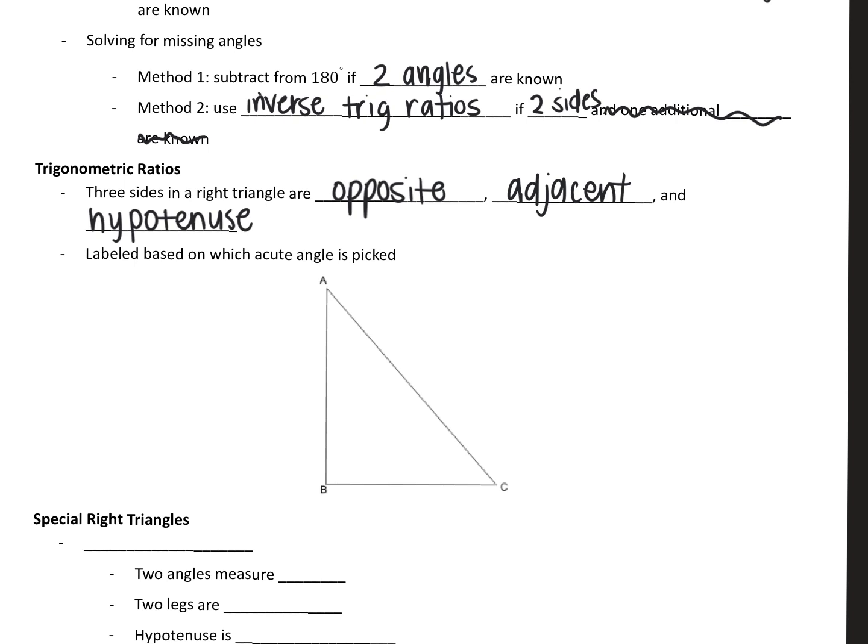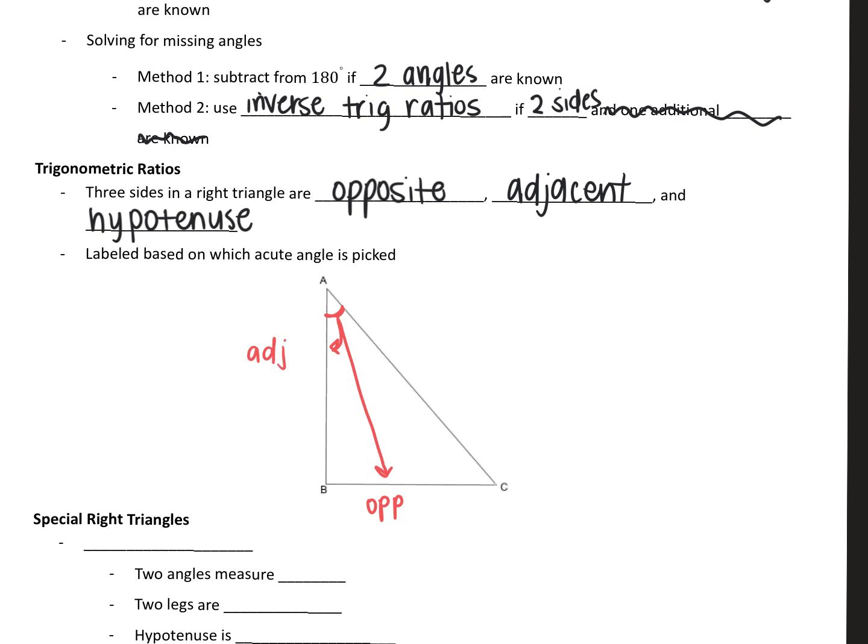So for example, if I'm looking at angle A, my opposite side is the one directly across from it. My adjacent side is the one next to it.